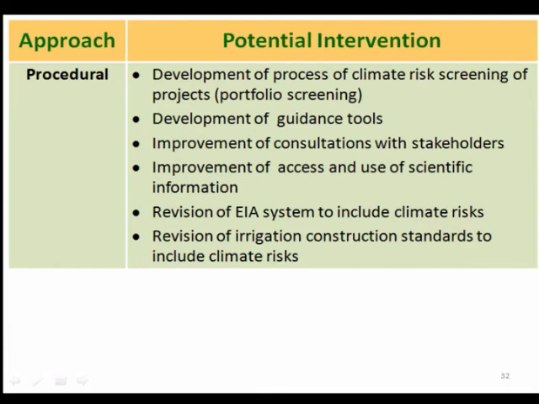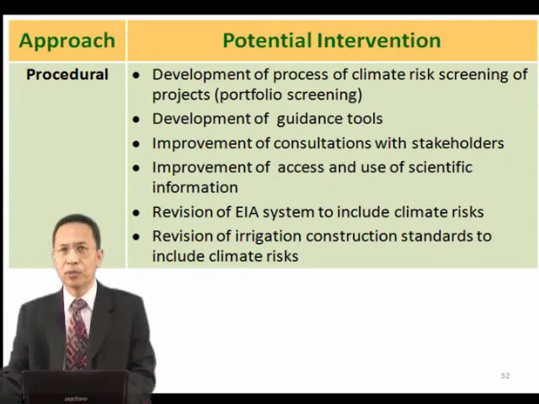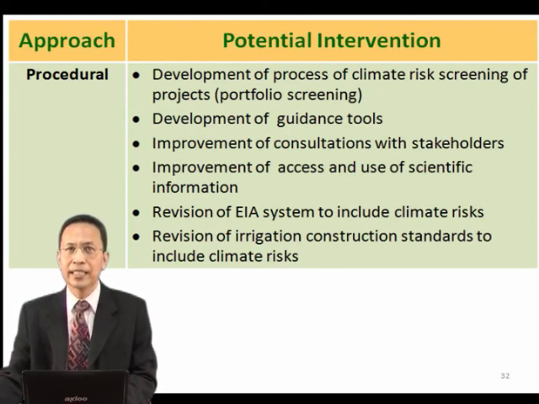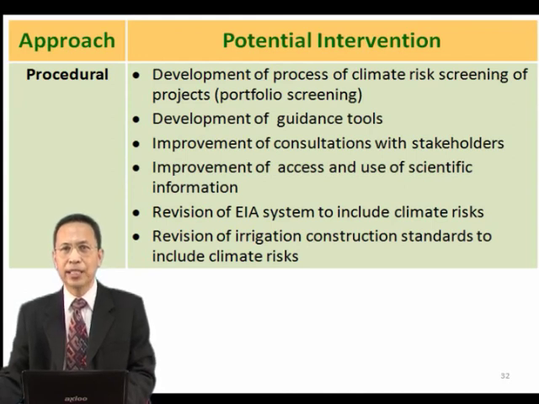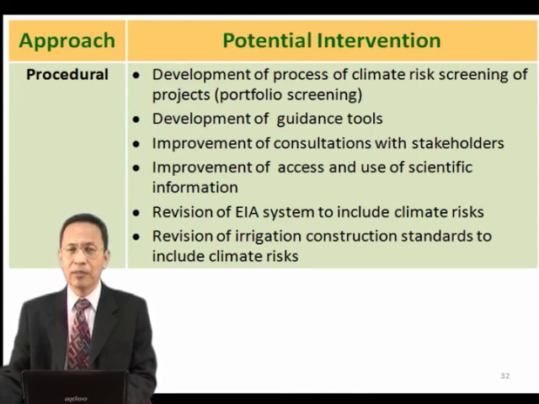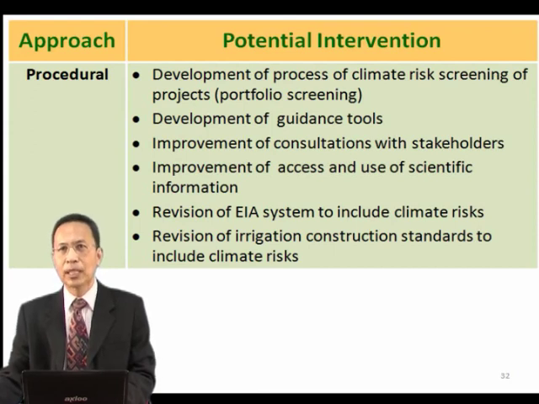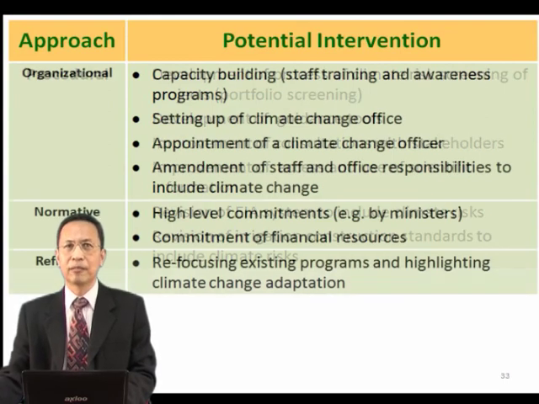So under the procedural approach, these are the following examples: development of a process of climate risk screening of projects or portfolio screening. I will discuss that under my last topic in a few minutes. Second, development of guidance tools, improvement of consultations with stakeholders, improvement of access and use of scientific information, revision of the EIA or Environmental Impact Assessment system to include climate risks, and lastly, revision of irrigation construction standards to include climate risks.